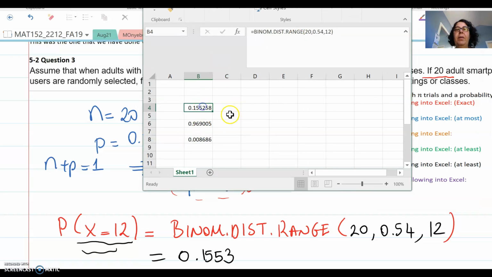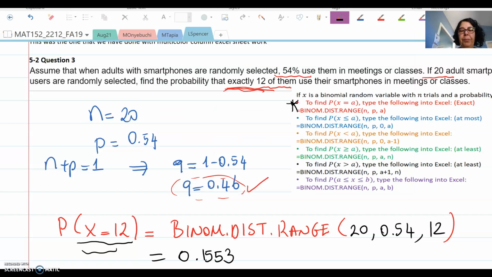So when I enter it in my Excel, as you see here, n, p, and a value, Excel produces this value. And MyStatLab is asking you to round to 4 decimal places. So I'm taking 155 instead of 2; after the 2, I have a 5. I'm entering it like this, as written. Then that's the correct answer. All right, so this was the solution for question 3.